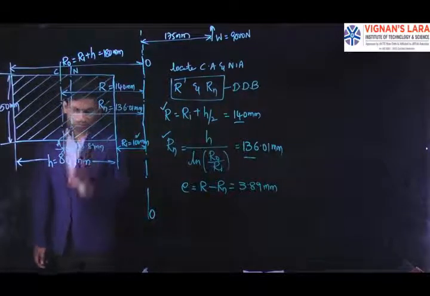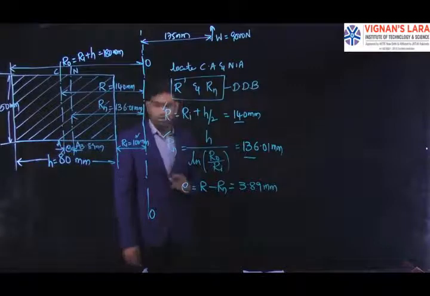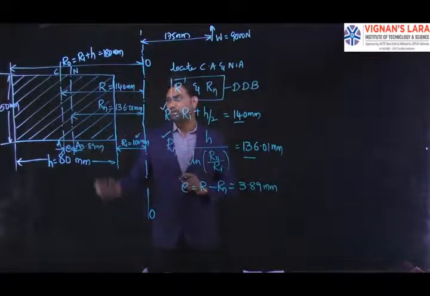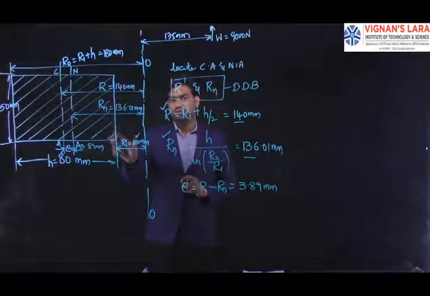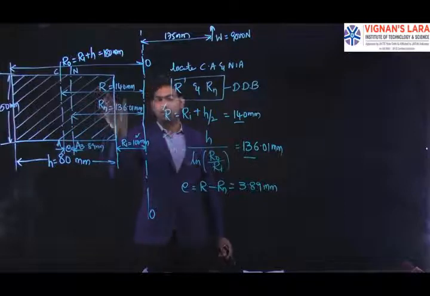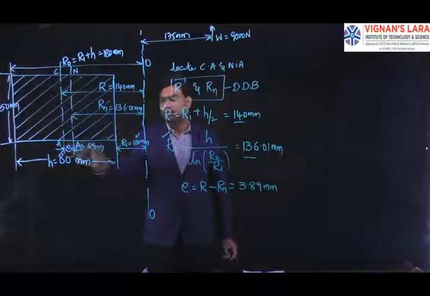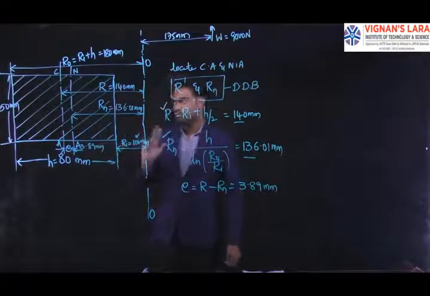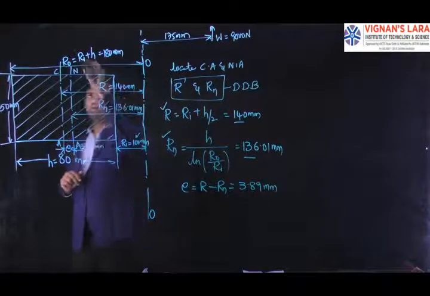You can indicate the smaller values clearly in the diagram. Ri is indicated. The four radii of curvature need to be indicated in the diagram: Ri, R naught, R and Rn, and small e is also indicated. The remaining two values also need to be denoted in the diagram.